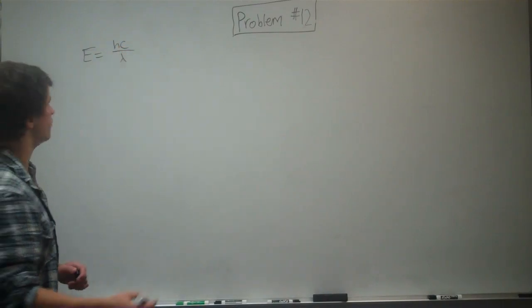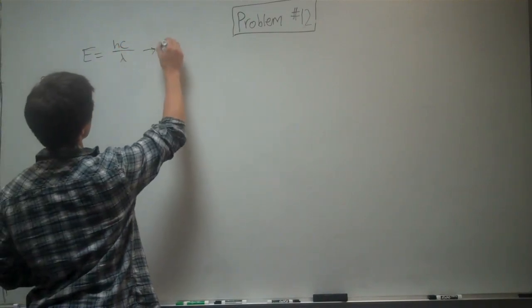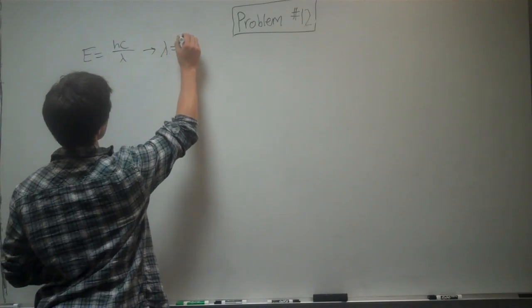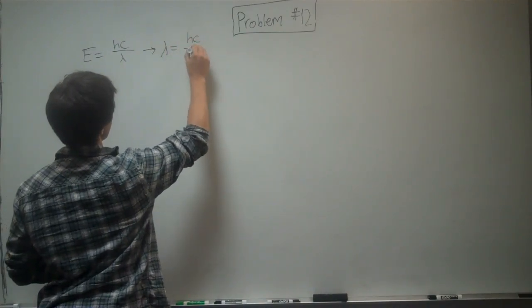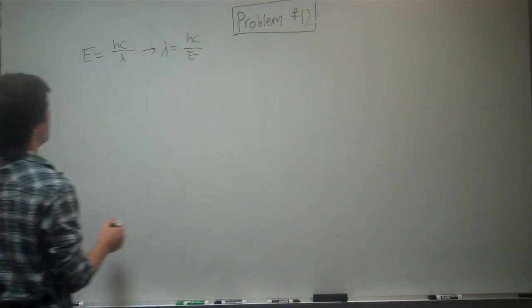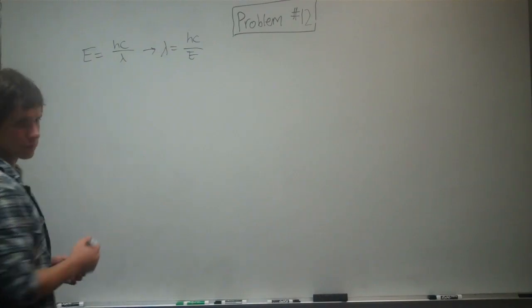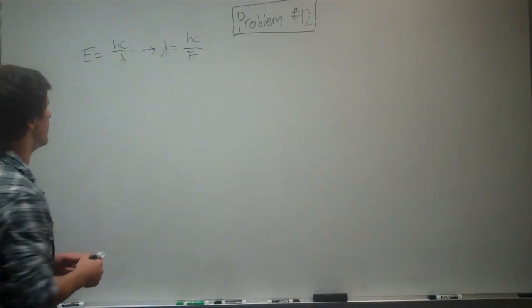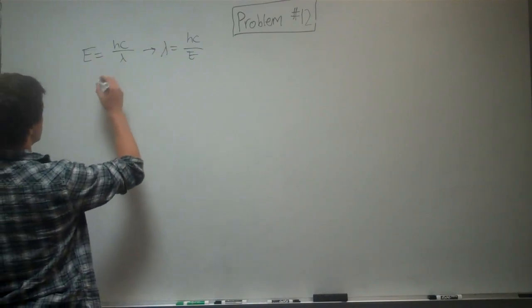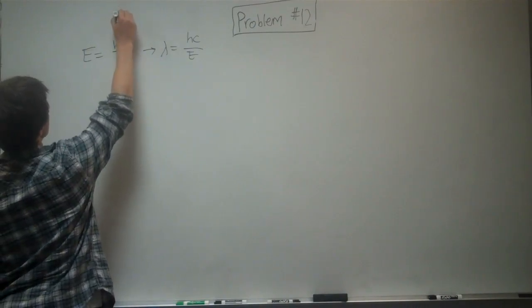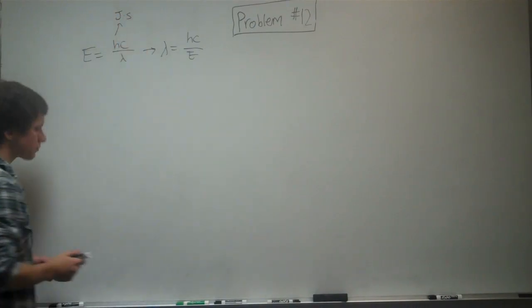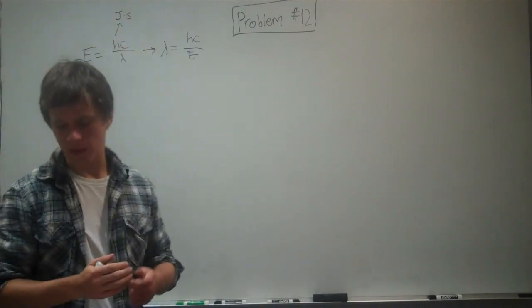Or since they want the wavelength, we can convert this to wavelength equals hc over energy. And you remember that h is Planck's constant, and that has units of joules times seconds. Okay, just keep that in mind.